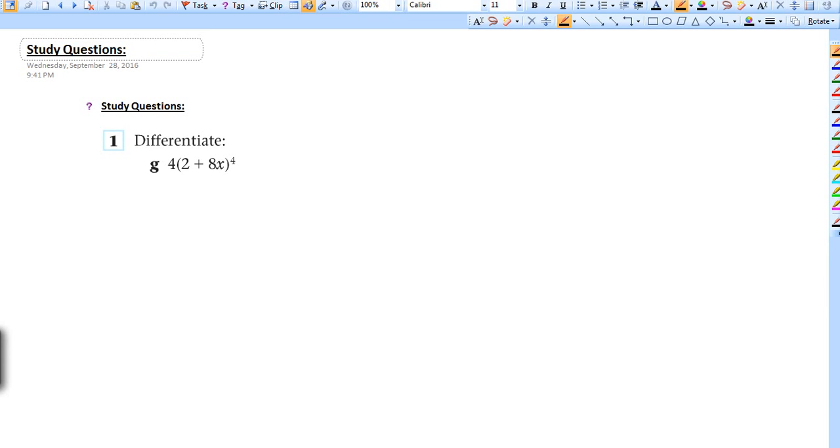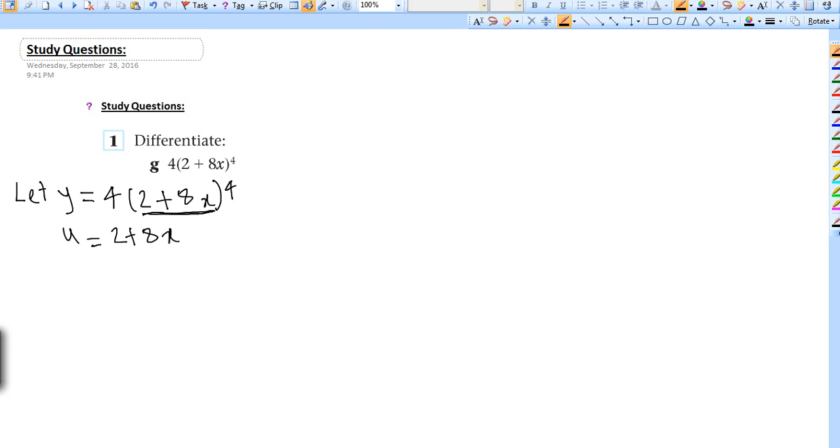We're gonna differentiate this value. First of all, let this value be y. Let y equal 4 times (2 plus 8x) to the power 4. Now let us let the inside function be u. u is equal to 2 plus 8x.